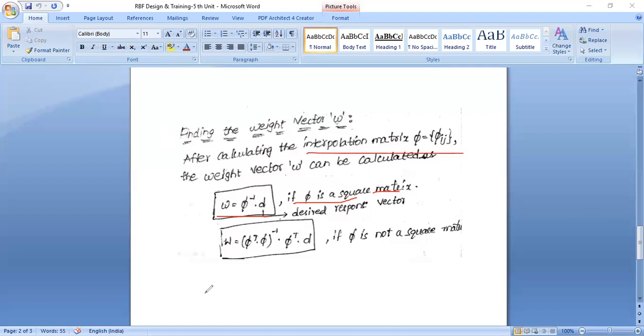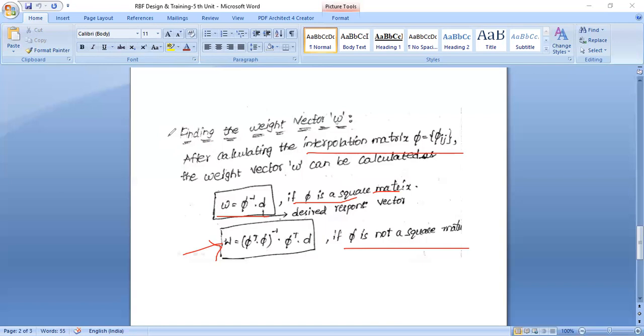And coming to the second case, if your phi is not a square matrix, then you would calculate the weight vector like this: W equal to phi transpose into phi, whole to the power of inverse, into phi transpose into the desired response D. Like this we can find the weight vector.